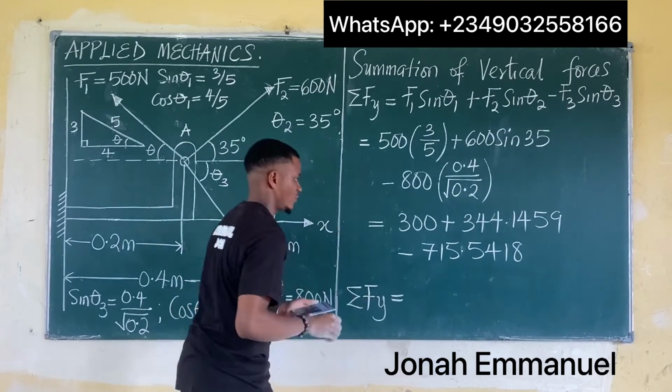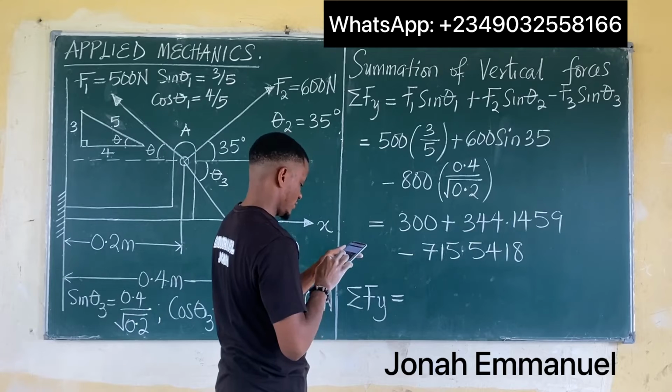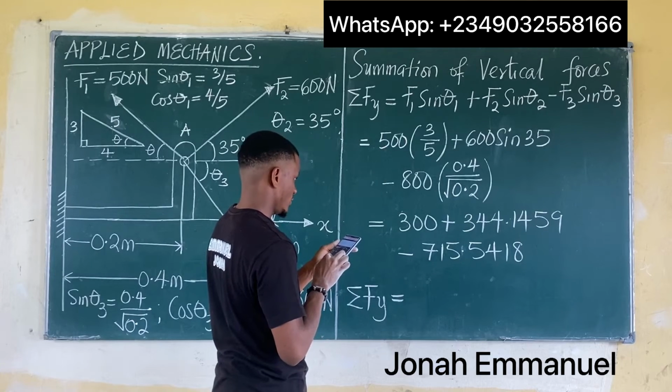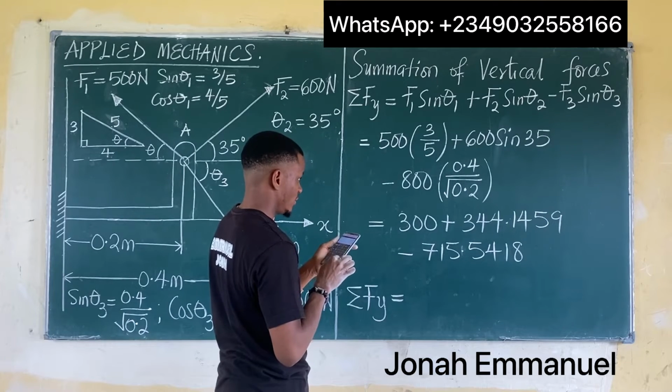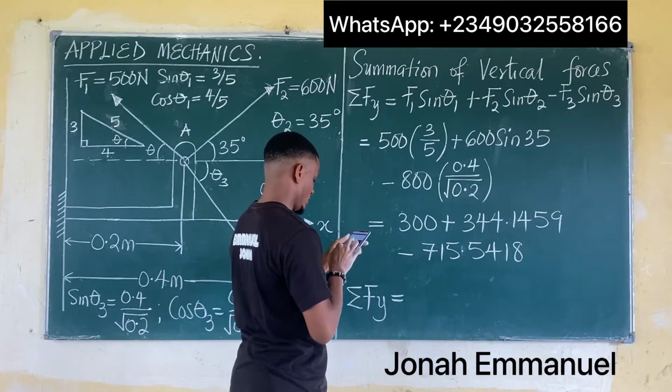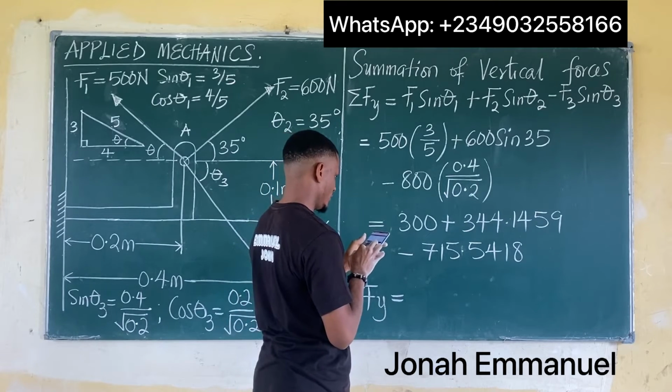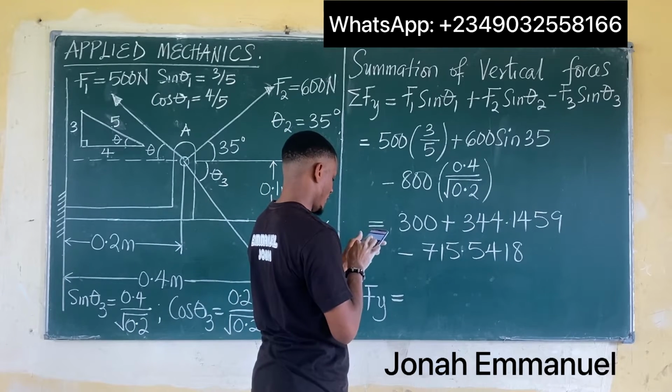Alright, so sigma Fy is equal to 300 plus 344.1459 minus 715.5418.